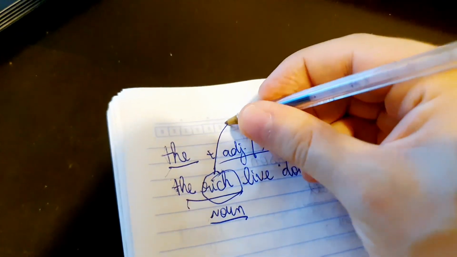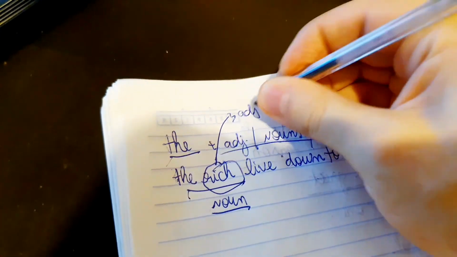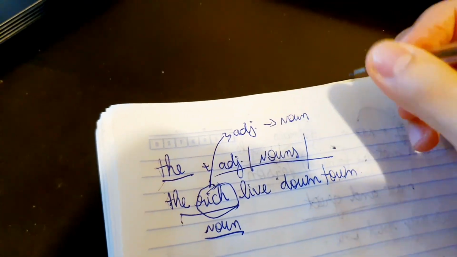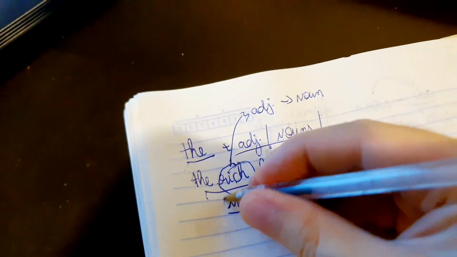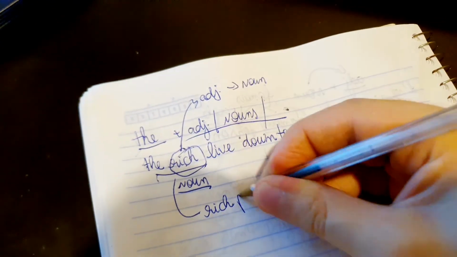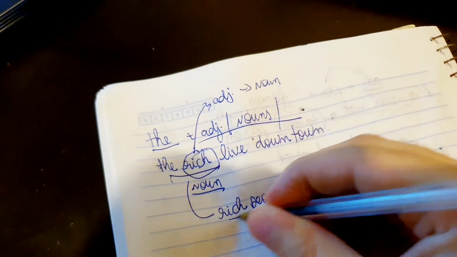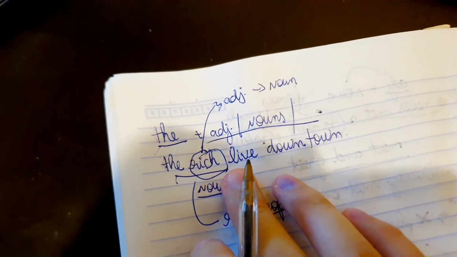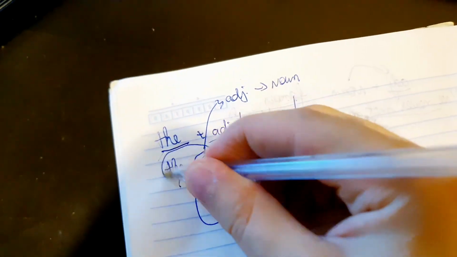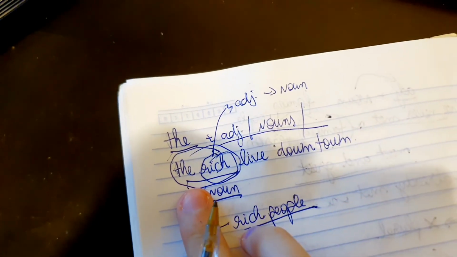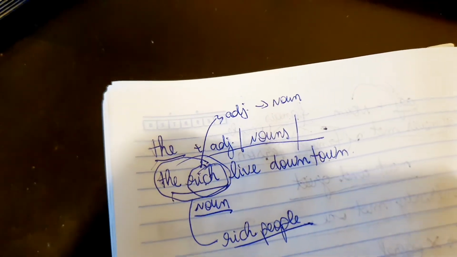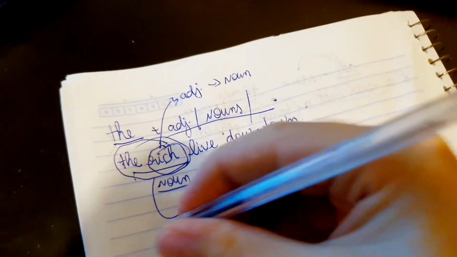Rich is an adjective, but it's taking a role of a noun because it's replacing both rich and people. I'm referring to rich people when I talk like this. And the rich is plural. So I don't say the rich lives, right? I say the rich live, okay?